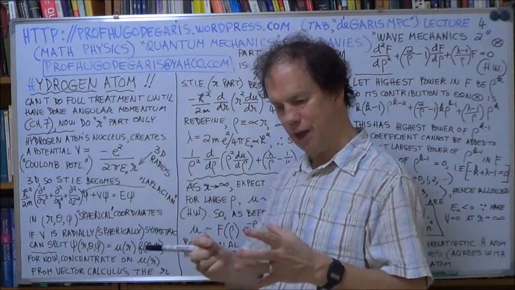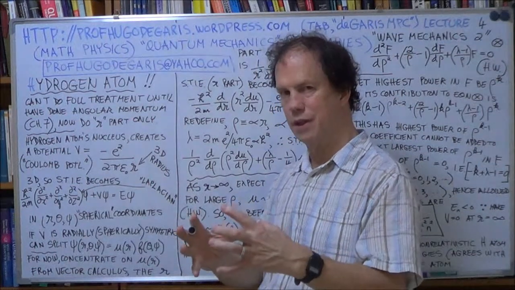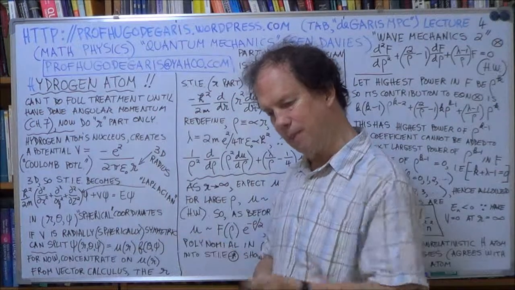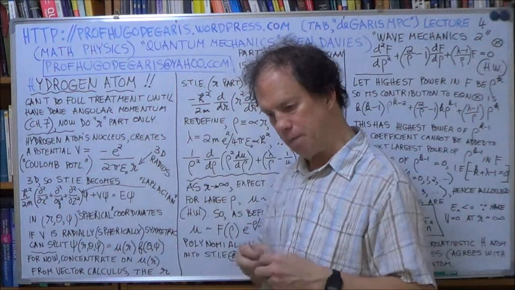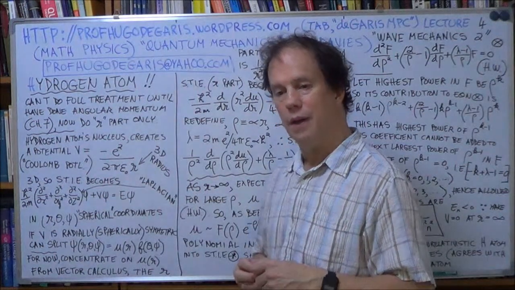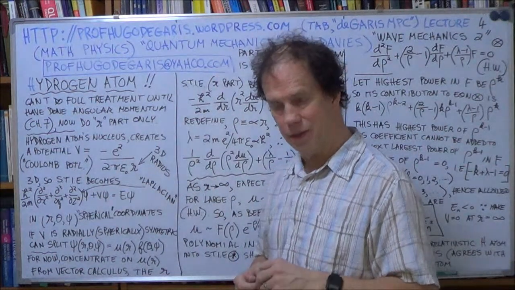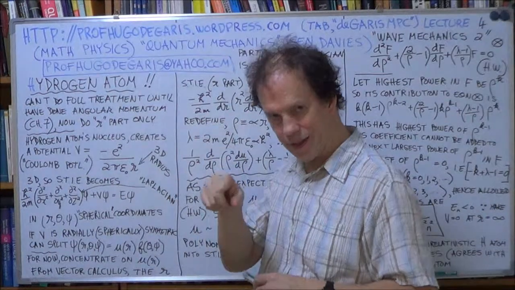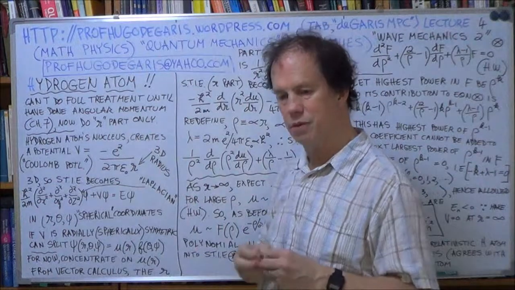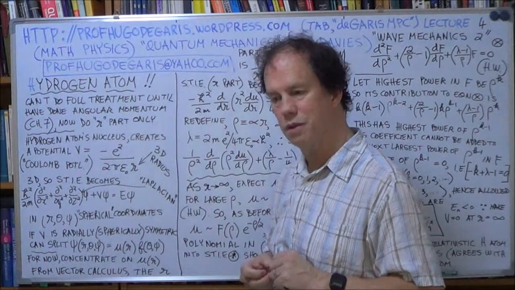Now, a hydrogen atom exists in three-dimensional space, right? And up till now, our Schrödinger equation has been limited to one-dimensional space, like d squared by dx squared. So this time we will generalize the Schrödinger equation to 3 dimensions.